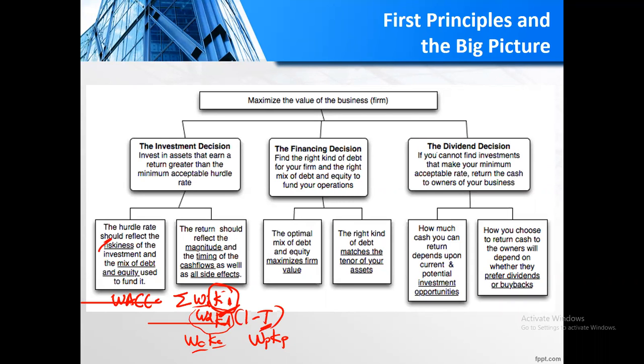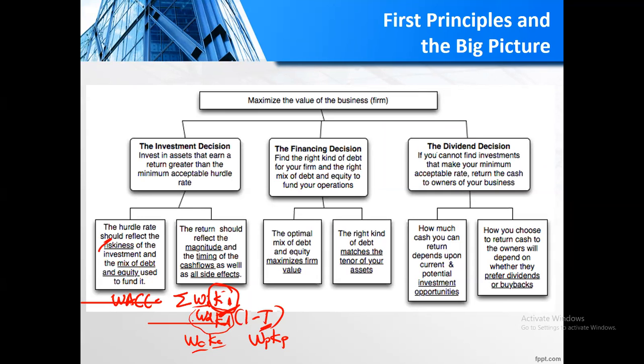Since it's riskier to become a common stockholder, the return required by common stockholders should be higher than that of the creditors or the preferred shareholders. That's why we're saying that it reflects the riskiness of the investment.